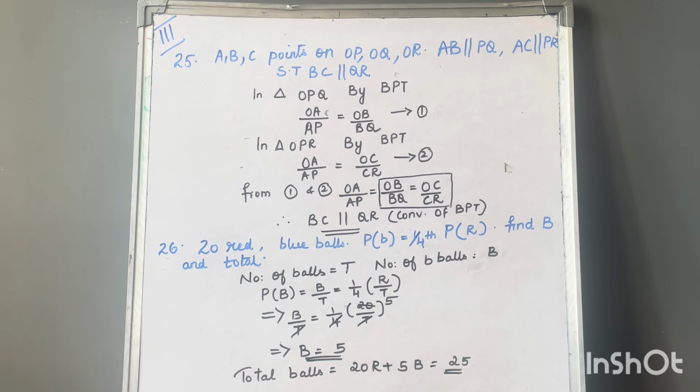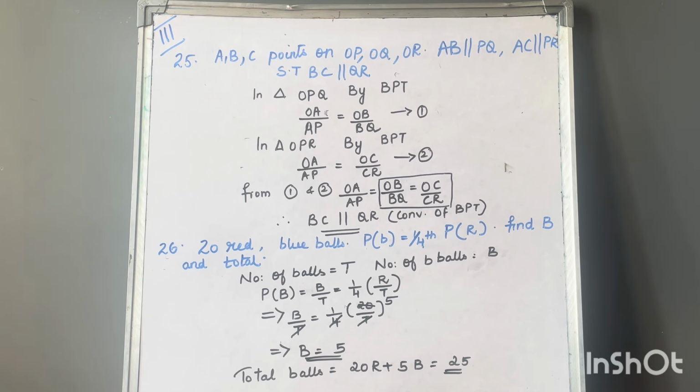Next we move on to question number 25. A, B, C are points on OP, OQ and OR of triangle PQR. If AB is parallel to PQ and AC is parallel to PR, show that BC is parallel to QR.